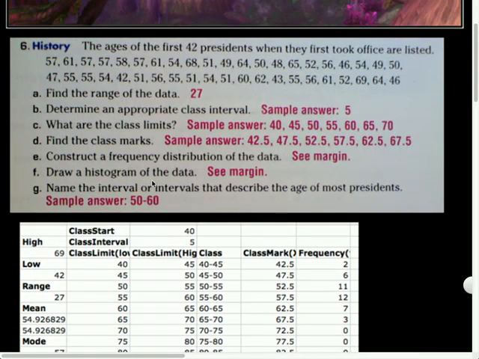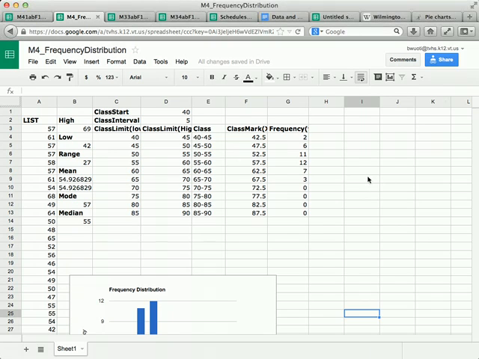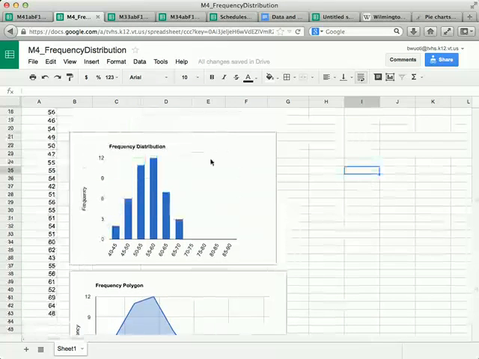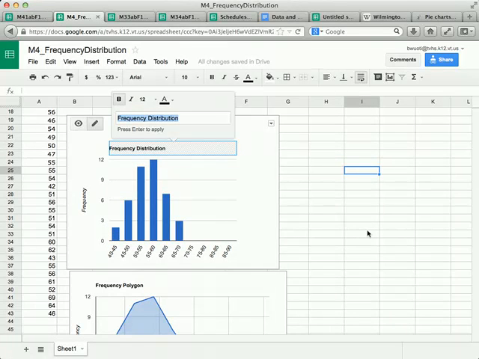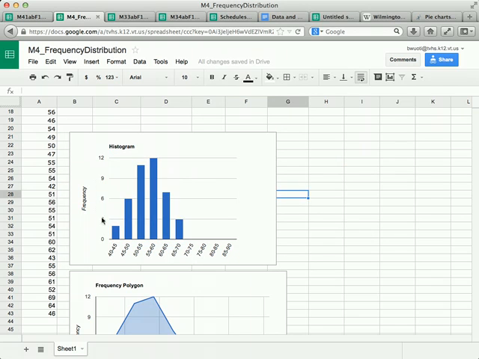And then it says draw a histogram of the data. And now technically what I have here isn't truly, actually I should label this histogram or whatever. Histogram. There we go. Now, technically, this isn't a true histogram. Does anyone know why?